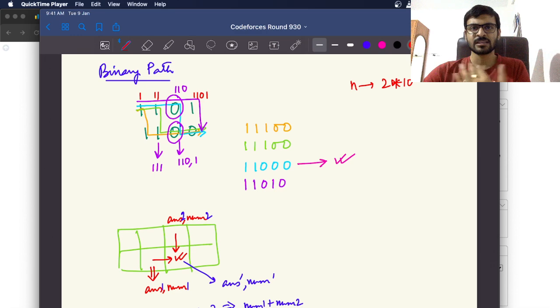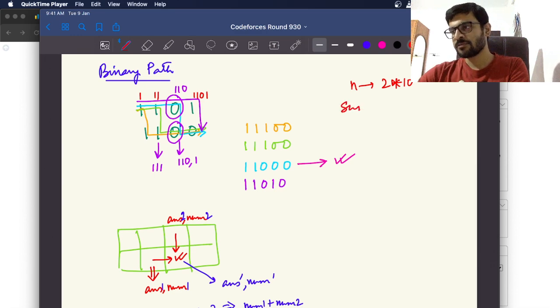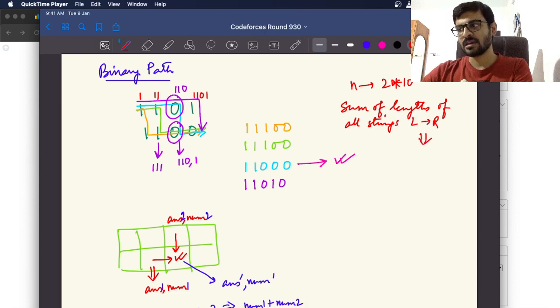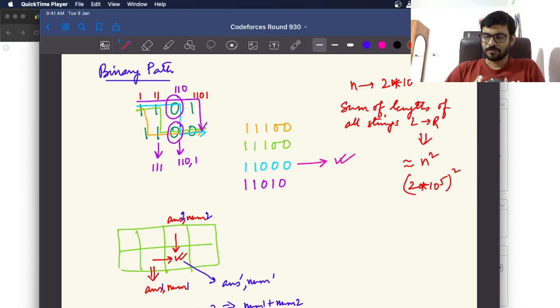And if we take the sum of the lengths of all the strings that we are storing from left to right, it is basically a very big value. This is nearly n square, 2 into 10 to the power 5 square, which is unmanageable. So that is one part.